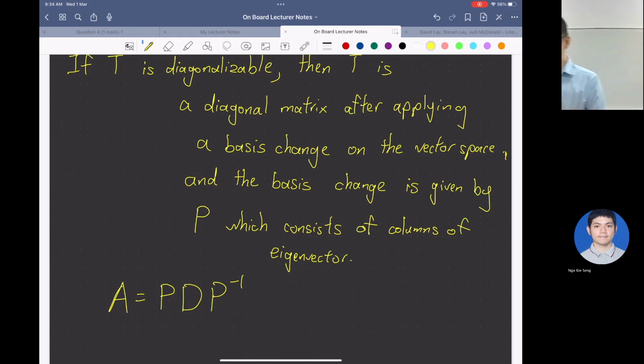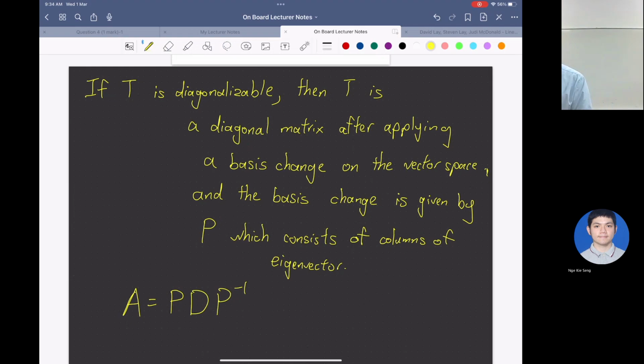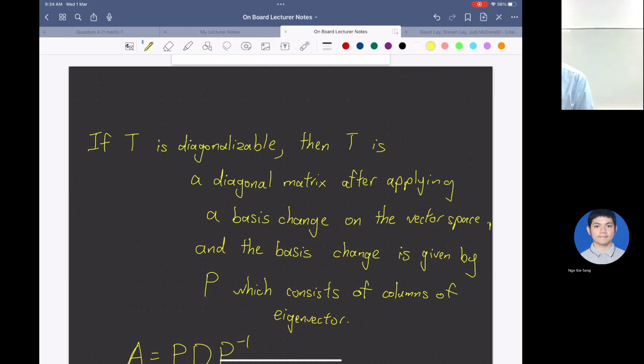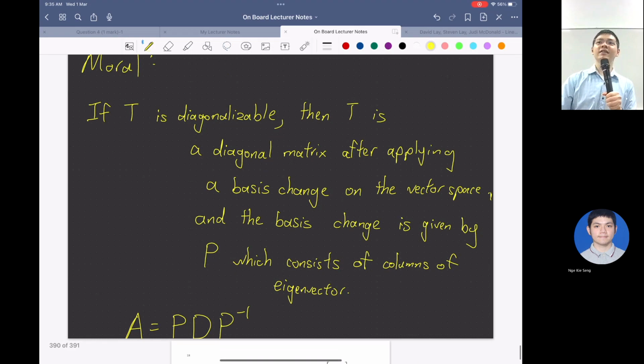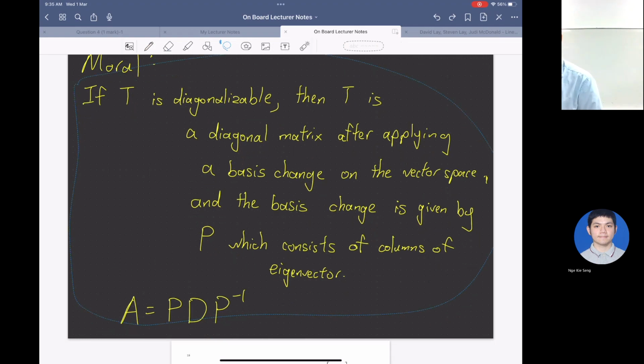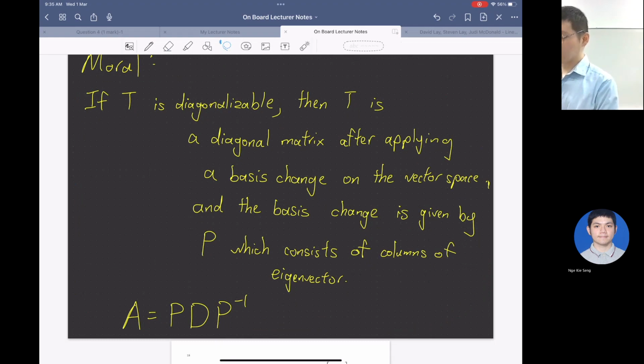If you don't want to accept what I said just now, at least accept this sentence, then go back and look at what I'm talking about. If T is diagonalizable, then T is a diagonal matrix after applying a basis change on the vector space, and the basis change is given by P, the columns of the eigenvectors.